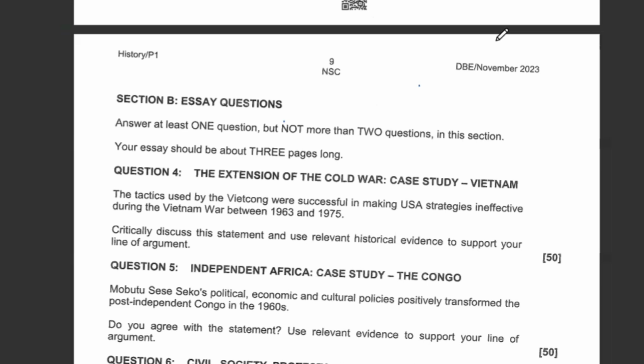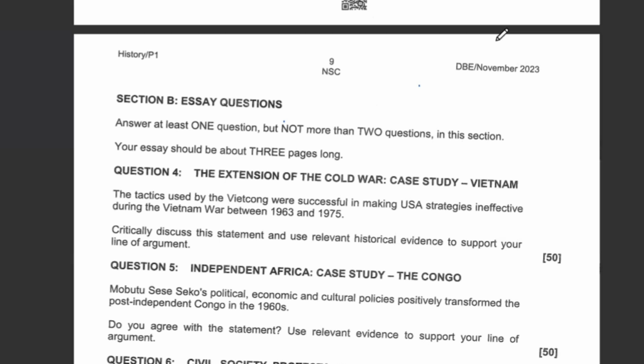When we are linking this Tet Offensive, we need to refer it back to the fact that it was effective and it led to the ineffectiveness of the American strategies. How can we link this Tet Offensive? Because we have explained it, we have given some historical evidence, and we can also give historical evidence that the Tet Offensive was implemented in 1968. That was when they targeted the US-controlled cities, ambushed them, and attacked them.